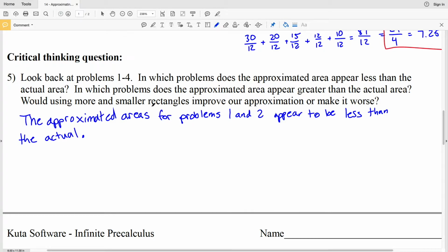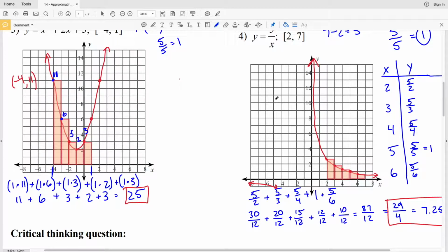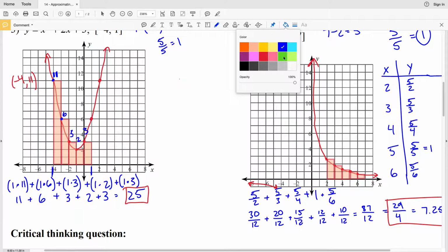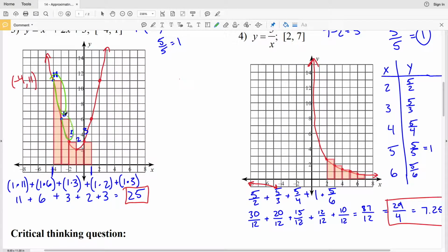And then it says, in which problems does the approximated area appear greater than the actual area? Well, I think that's the case for 3 and 4 because you can see we have a lot of area that extends above the curve with the exclusion of these last two rectangles for number 3.